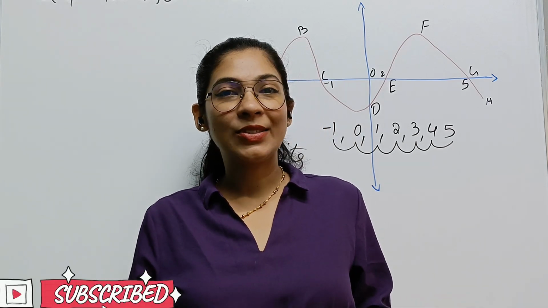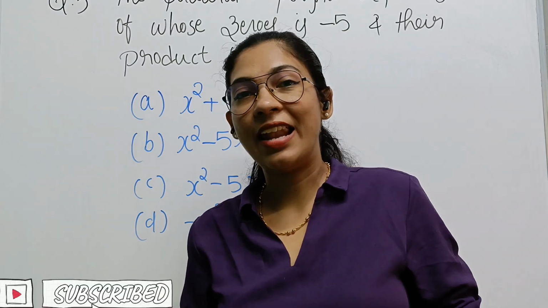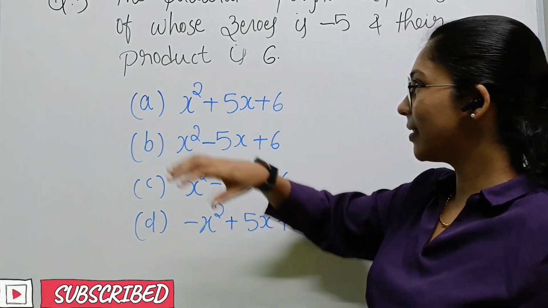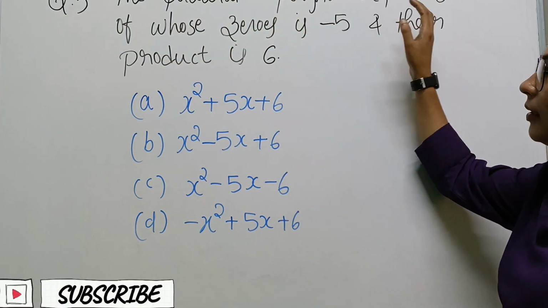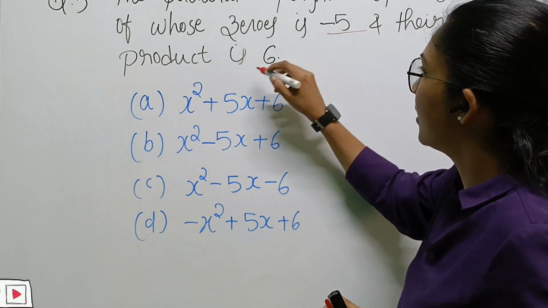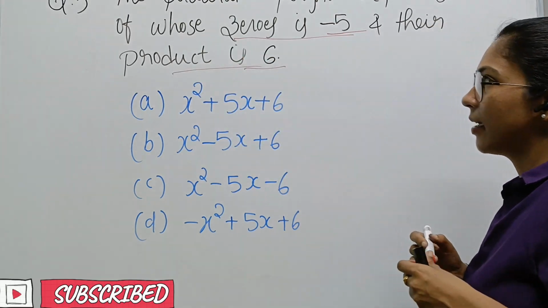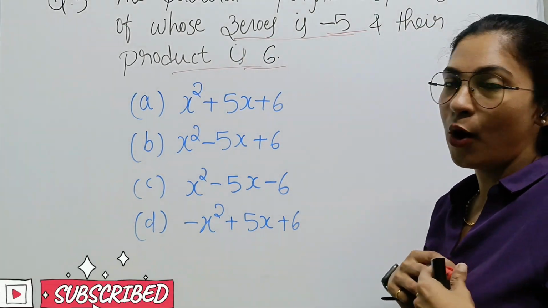So let's move on to the last question from the year 2022. The fifth and the last question from the year 2022 is: the quadratic polynomial, the sum of whose zeros is -5 and their product is 6. Okay, sum is -5 and product is 6. We have to write down the polynomial.